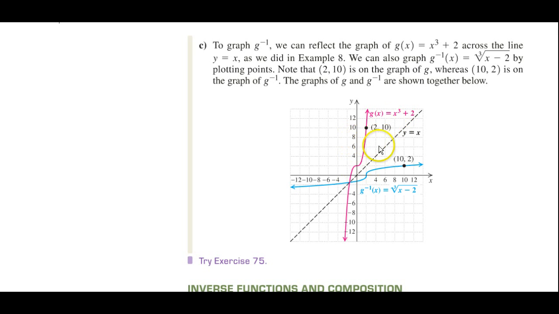And then when it swings down this way, and you get this reflection along the y equals x axis of symmetry, this is what it would look like. And of course, you're going to need to be able to do the algebra to show the inverse.